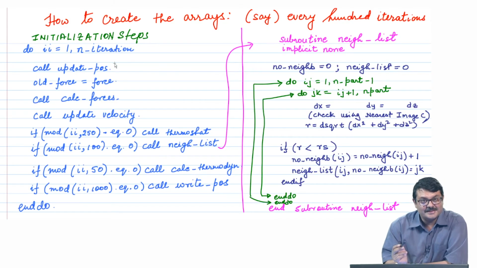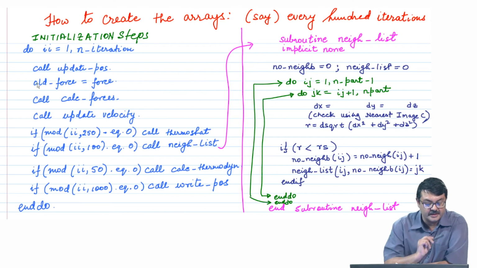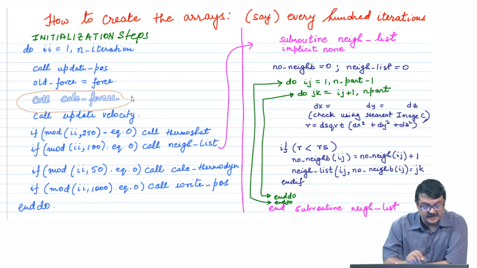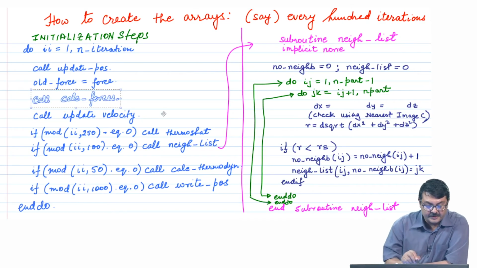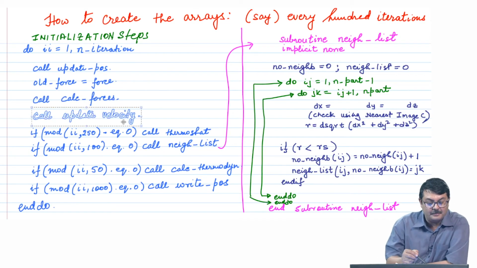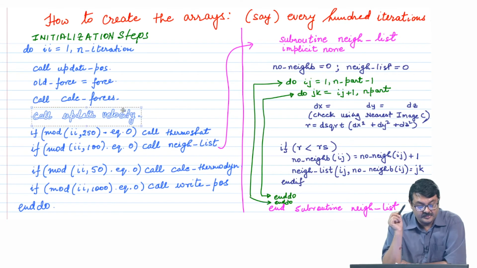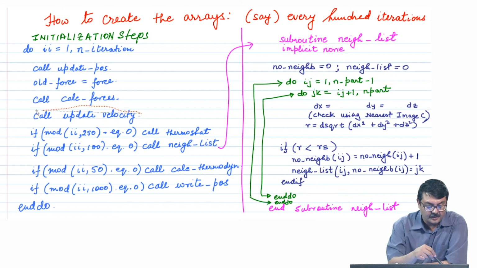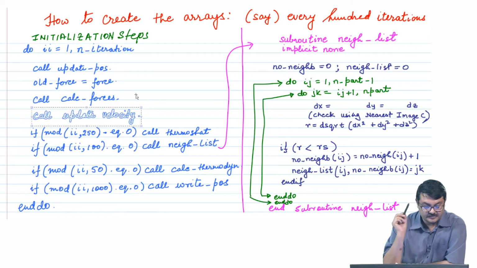Then what is there in a standard MD? You have call update pos, which updates the position, then you store the forces into an array called old force, then you calculate the new force in this step, right, and then you update the velocity. So, this is your main molecular dynamics code: update position, calculate new forces, update velocity, right.